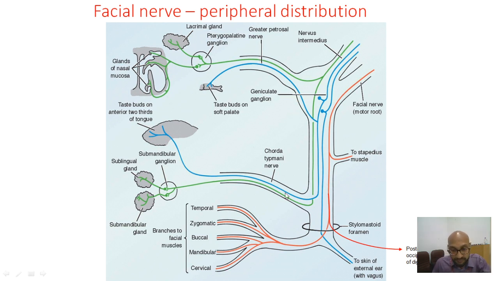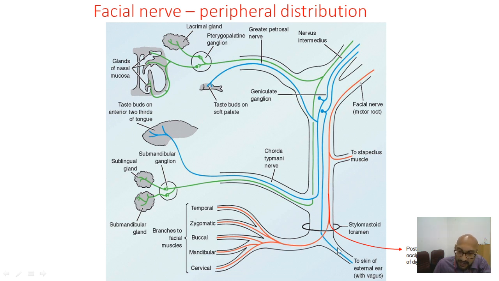Okay. Now, once it comes out of the stylomastoid foramen, it gives mainly motor branches, and you've seen those branches during your dissection of the face, where these branches come out of the anterior border of the parotid as temporal branches, zygomatic branches, buccal branches, mandibular branches, and cervical branches, which are supplying the muscles of facial expression.